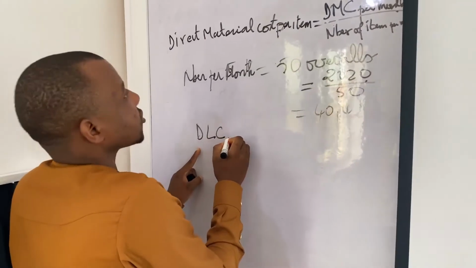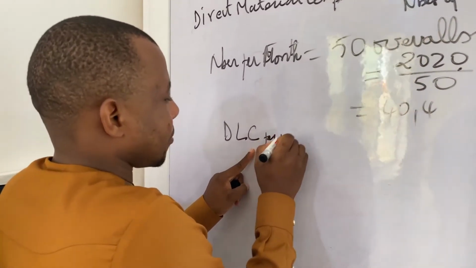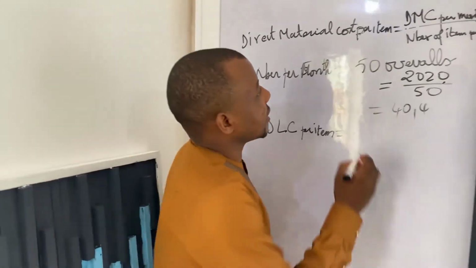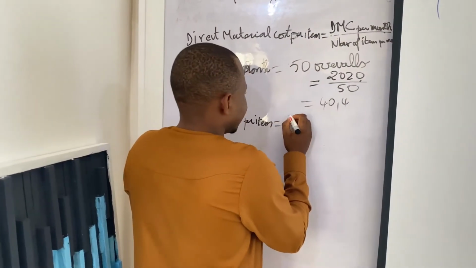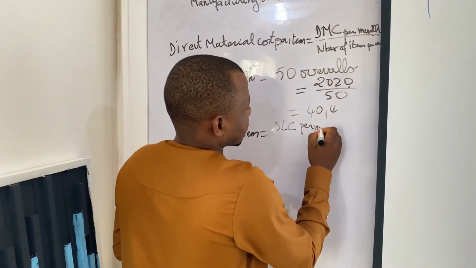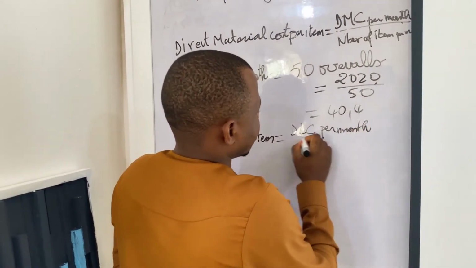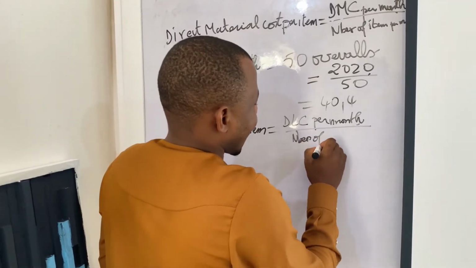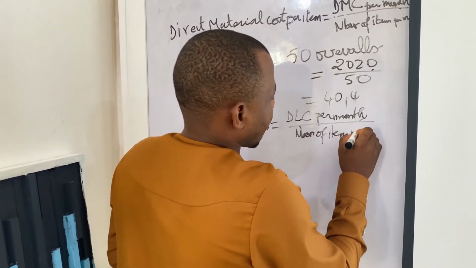Labor cost per item, right? So is direct labor cost per month, right? Divided by number of items per month.